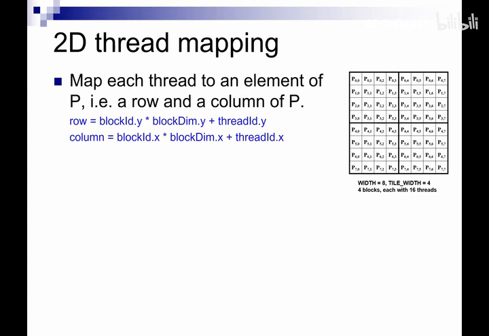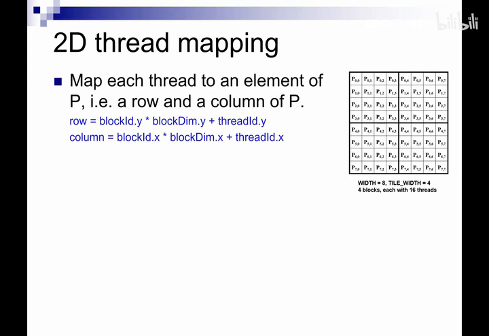Okay, so now let's see how we can map different threads. Once you start these threads, you need to map them onto the matrix. So how do we associate different threads with different matrix elements? We're going to map each thread to an element of this matrix P here.